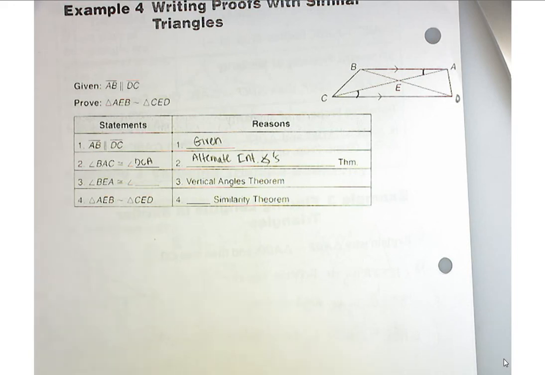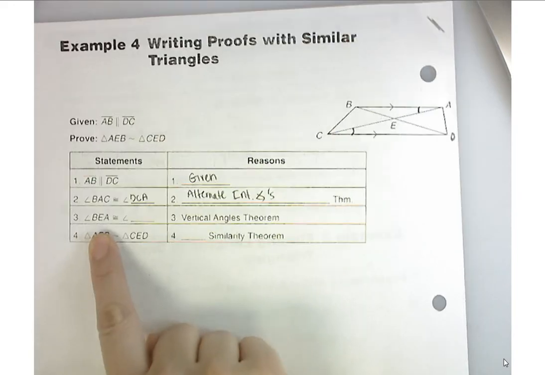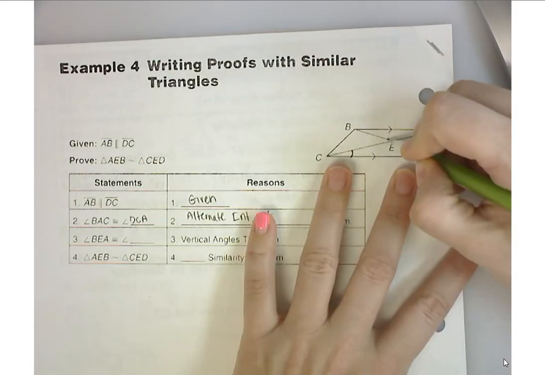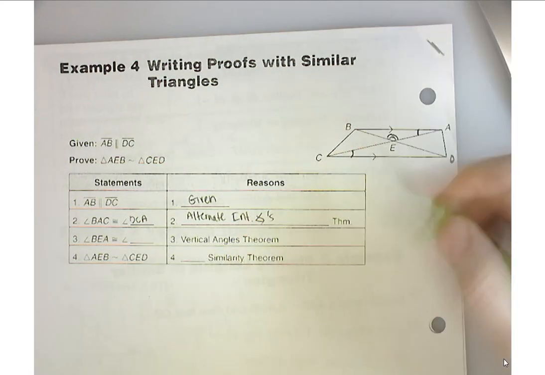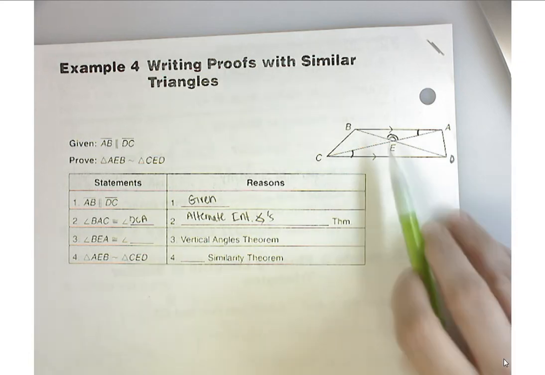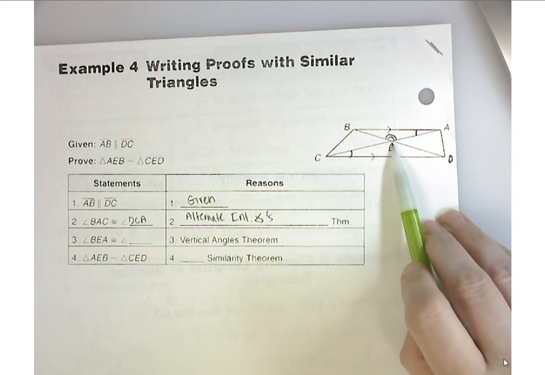Okay, now from here it says BEA is congruent to, so BEA, which is this angle here, is congruent to something by the vertical angles theorem. Okay, so Logan, what do you think? What would be the other congruent angle? What's my vertical angle with this guy? CED.